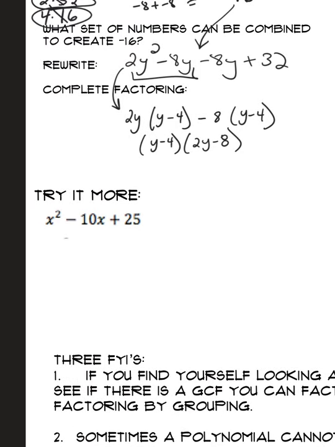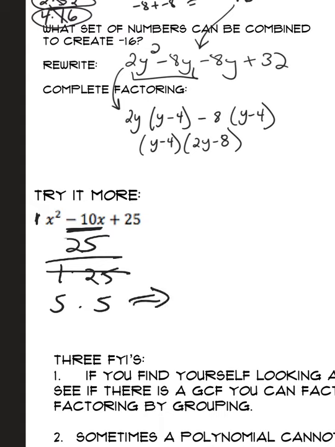Let's look at the next example. If you were doing the A times C method, again, there's a 1 in the A spot, so 1 times 25 is 25. Factored pairs of 25, there's not many of them, there's only 2. I need to be able to find 2 numbers I can combine to get -10. Those won't work here, but I can manipulate and say -5 combined with -5 would give me -10.